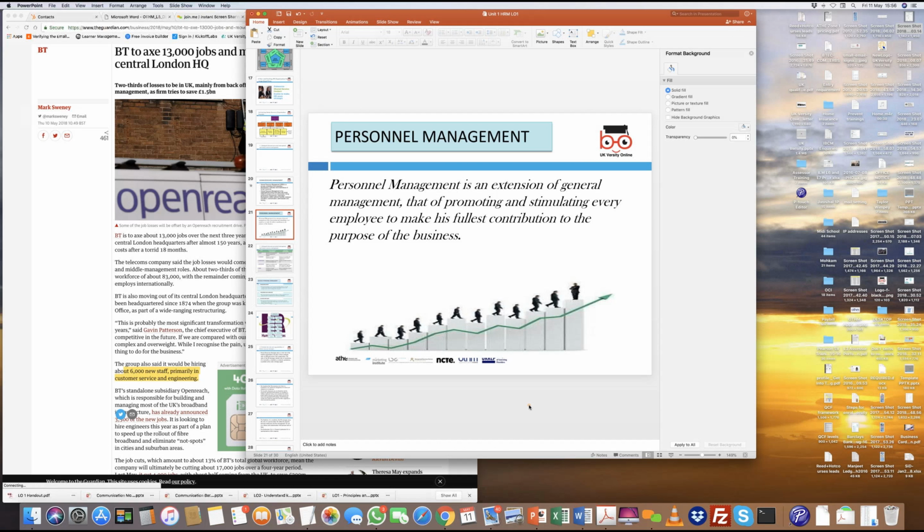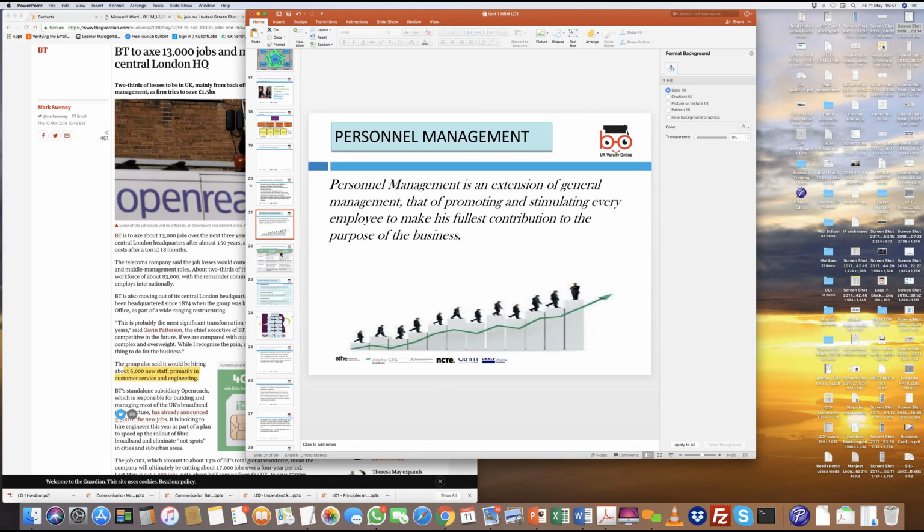So here you're looking at a core function wherein you put people into training, make sure they have received that training and have that experience, and then they move further into a new position, which is like a promotion. So personal management is considered an extension of general management, with the exception of promoting staff who are performing well higher up into the business, where they have more responsibilities and are able to take on more senior roles which are important for the organization.